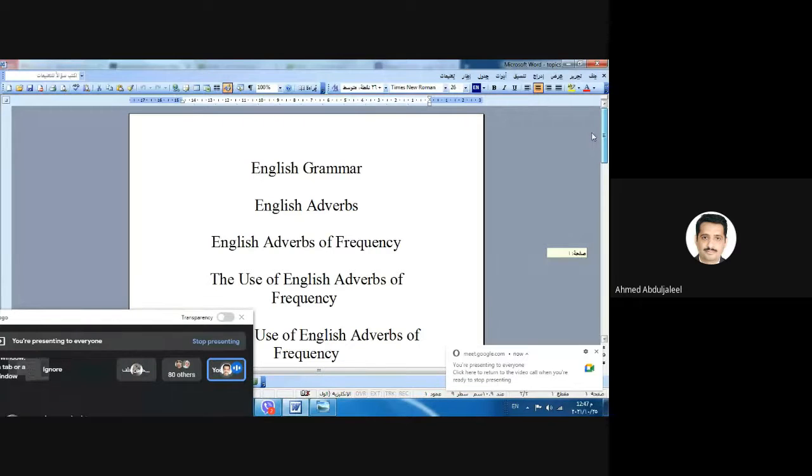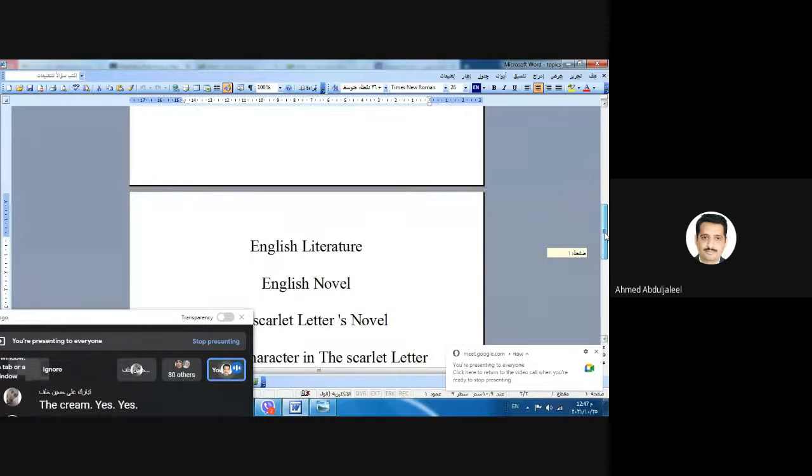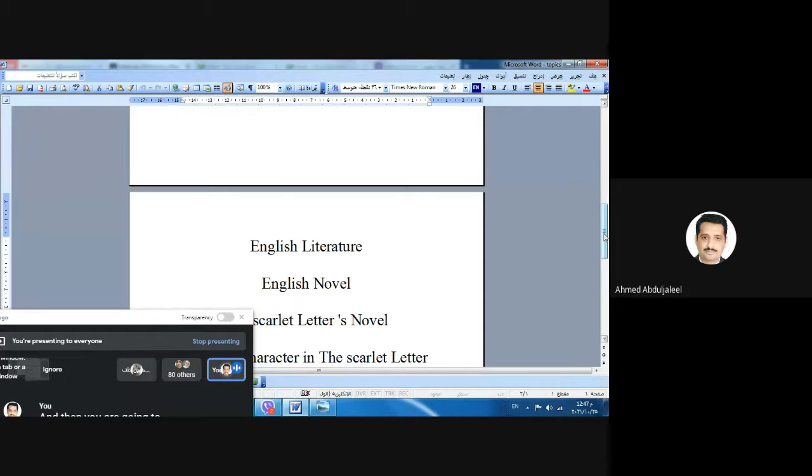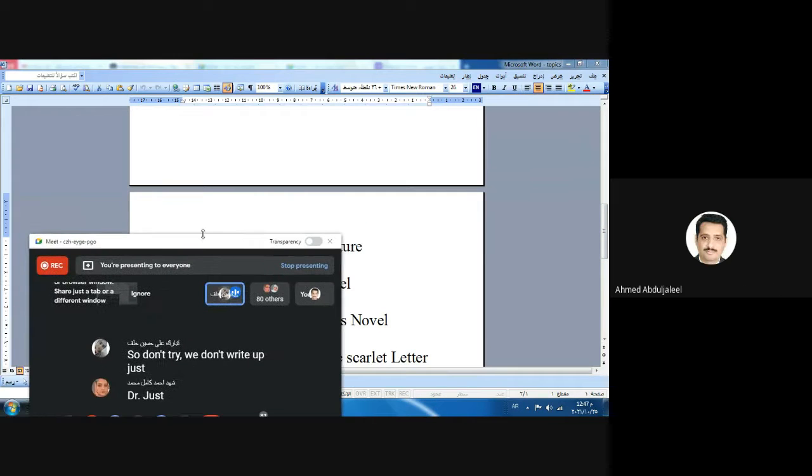In linguistics, grammar, phonetics, or even linguistics, and a branch in literature, whether novel, short story, drama. And then you are going to limit it to a title. So what we need is just to choose a branch and to derive a title from the branch, and if the title is general, try to limit it, to narrow it. Just a limited topic. Just try.